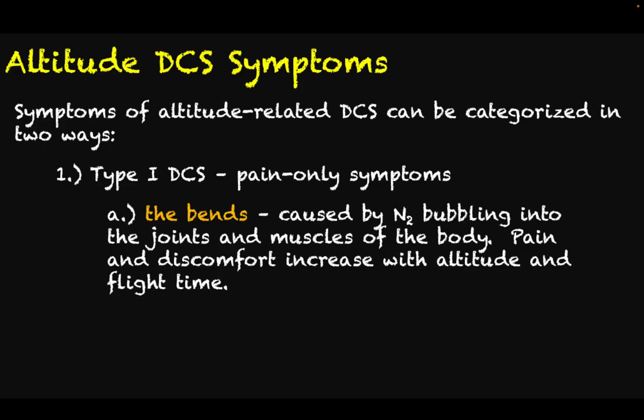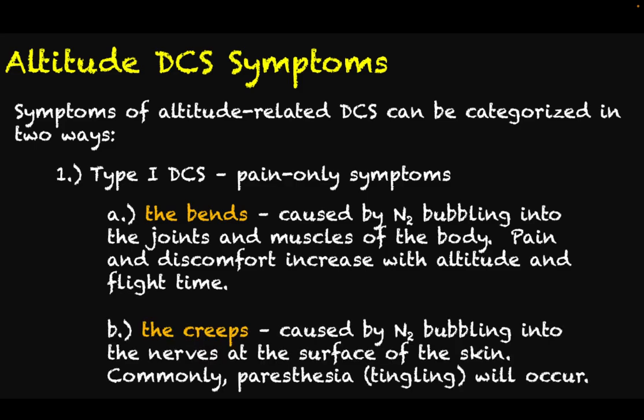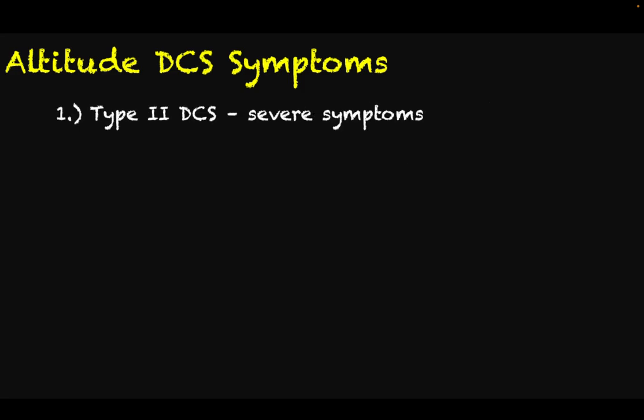And these tend to increase in severity with altitude and with flight time. And then you have what are called the creeps, which are caused by nitrogen bubbling into the nerves at the surface of the skin. So the most common manifestation of this is called paresthesia, or tingling or kind of a burning sensation on the surface of the skin.